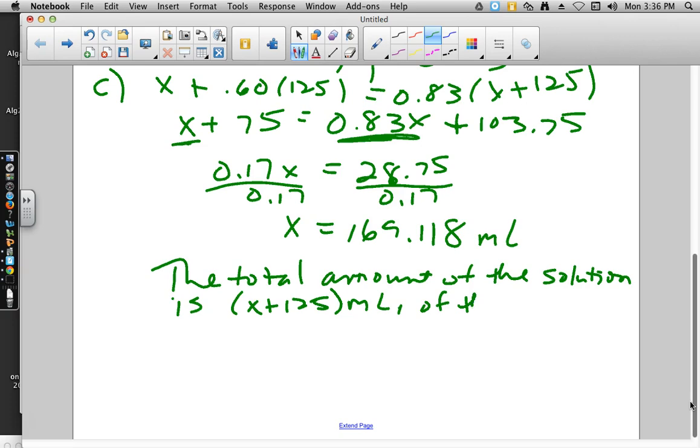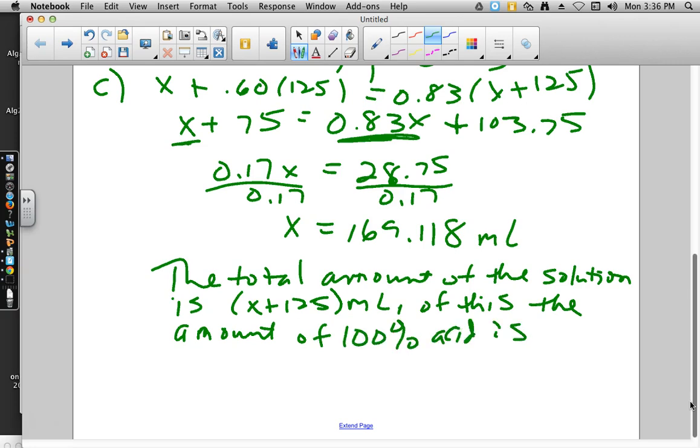Of this, the amount of 100% acid is X plus 60% of the original amount.